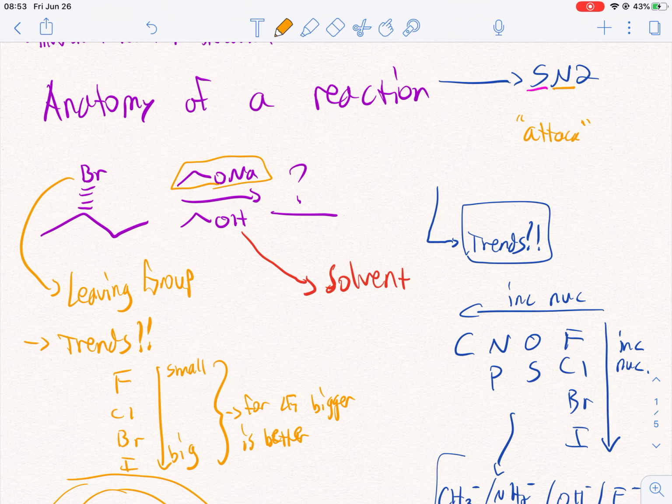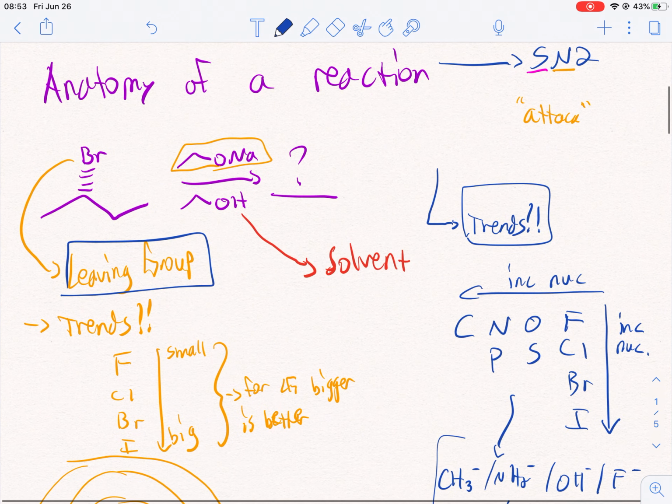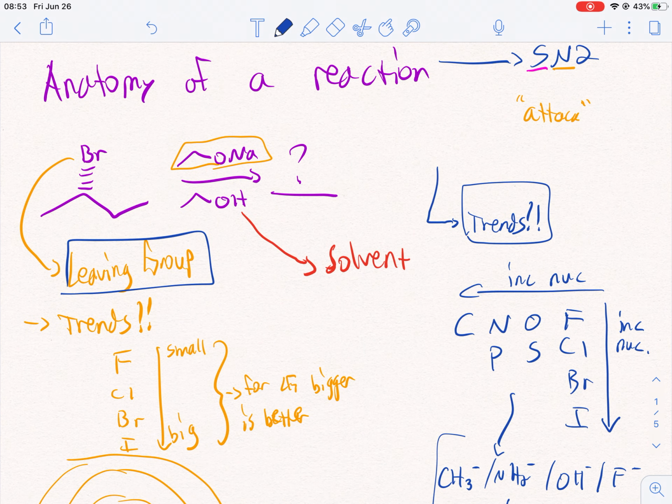Okay, so let's talk about this thing called the leaving group. Okay, so on the substrate, we have something called a leaving group. And it is what its name says. It leaves, okay? Now, in an SN2 and an SN1 reaction, the leaving group leaves a little bit differently, right? In an SN2 reaction, the leaving group leaves because it's kicked off by the nucleophile attacking, okay?